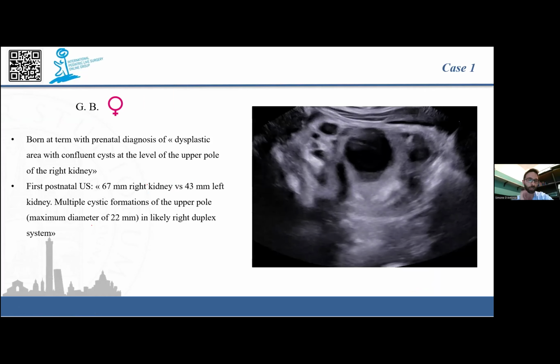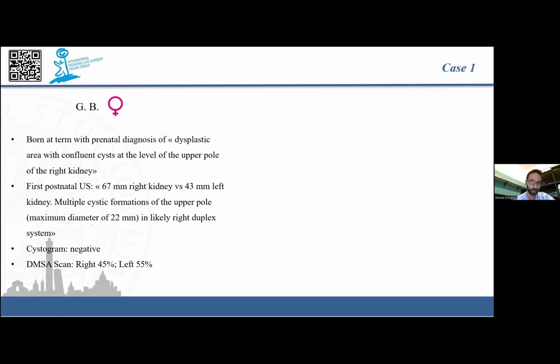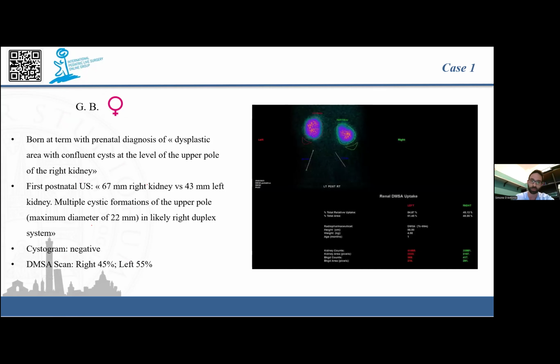The first postnatal ultrasound confirmed the diagnosis and showed a prevalence of the right kidney over the left one, with multiple cystic formations of the upper pole in a probably duplex system. The cystogram was negative for reflux or other anomalies, and the DMSA renal scan revealed a mild hypofixation of the contrast at the upper pole of the right kidney.